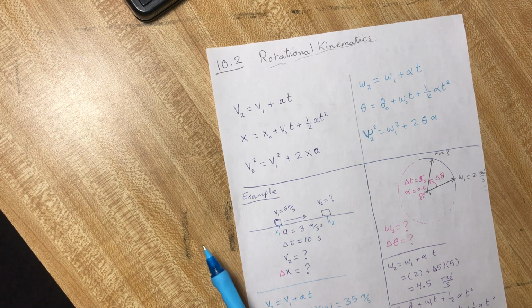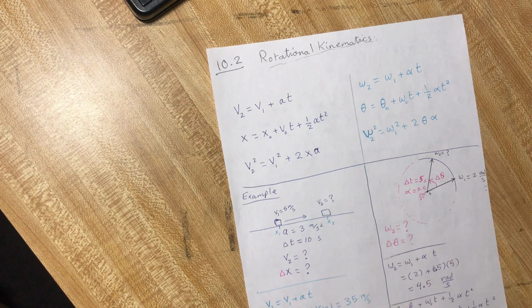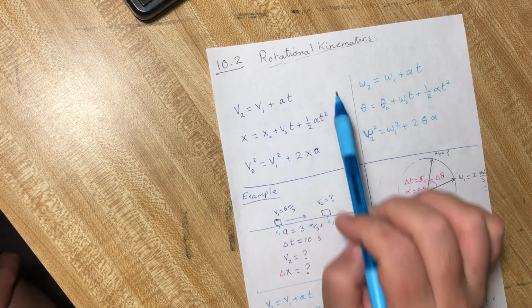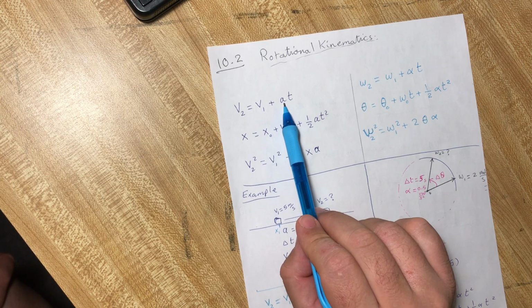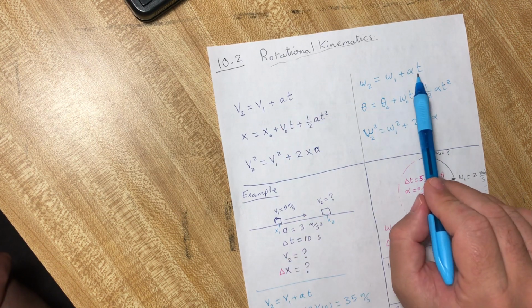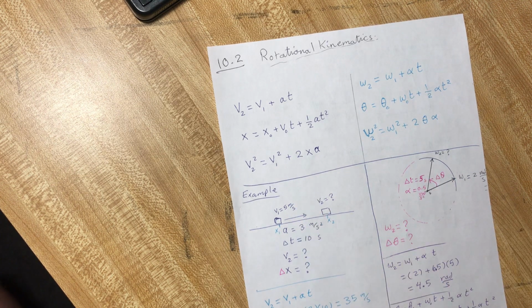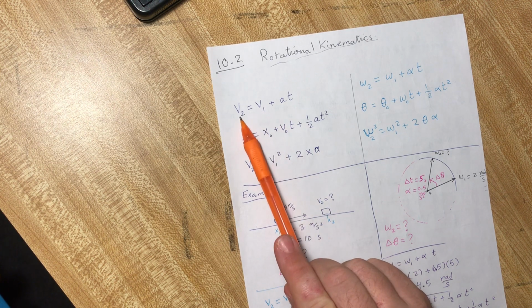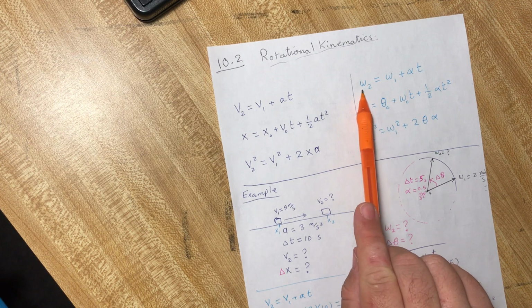In rotational motion, we have the same equations. You need to remember that the time is the time, and the linear acceleration a becomes the angular acceleration alpha in angular motion. Also, the linear velocities v1 and v2 become omega 1 and omega 2.